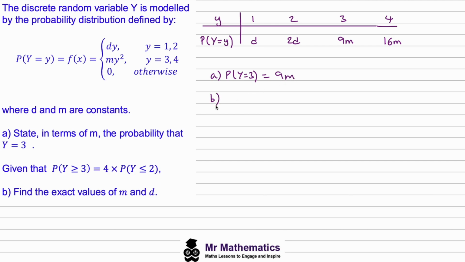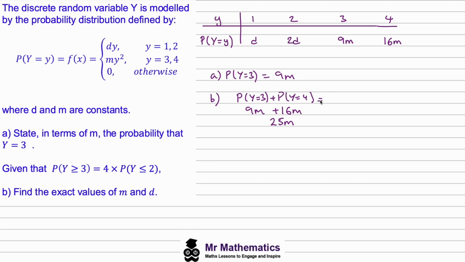Part B. We're given that the probability of y being greater than or equal to 3, which is when y equals 3, or when y equals 4. When y is 3, we've got 9m. When y is 4, we've got 16m. So together we've got 25m.